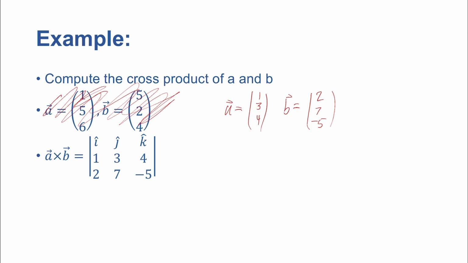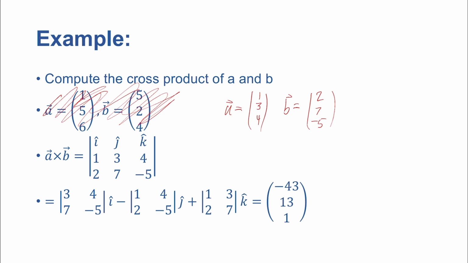Right, anyways, we put that into our matrix. Then we use our rule for the determinant of the 3x3 matrix. We get determinant of 3, 4, 7, negative 5 i hat minus the determinant of 1, 4, 2, negative 5 j hat plus the determinant of 1, 3, 2, 7 k hat.